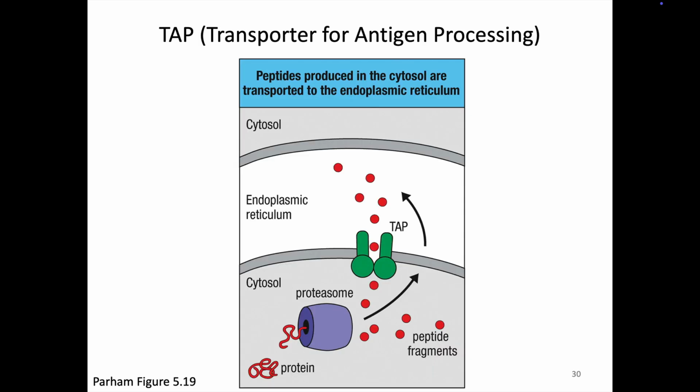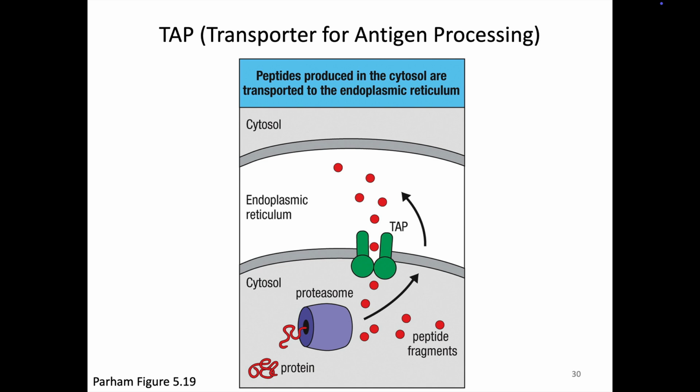And what was eventually discovered was that there is a specific protein called TAP. TAP stands for the transporter for antigen processing. And TAP's job is to actually shoot the peptides into the ER. TAP uses ATP to shoot peptides from the cytoplasm into the ER.